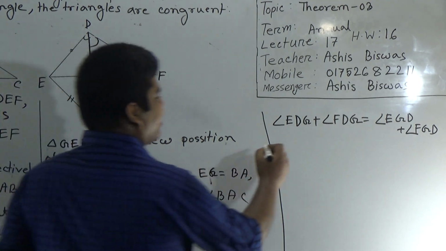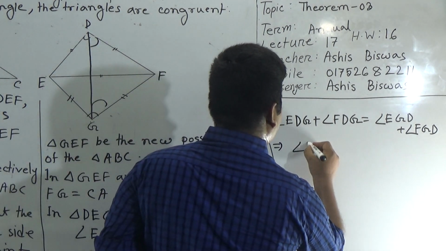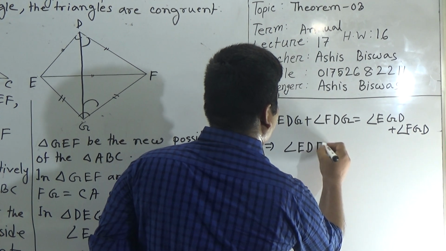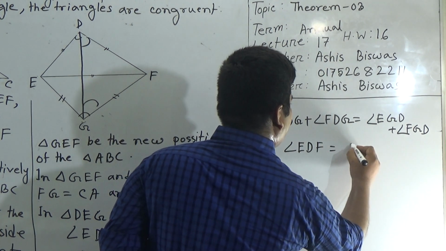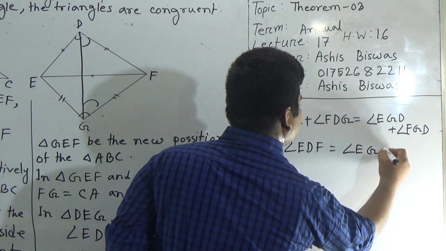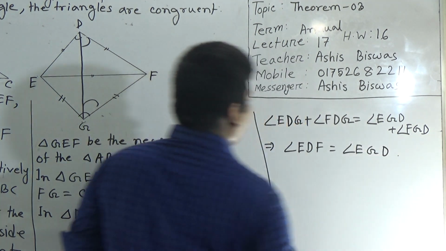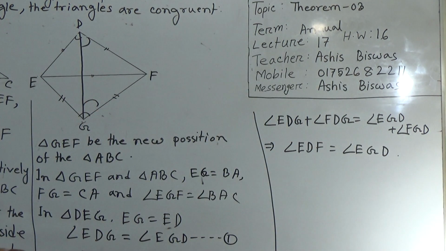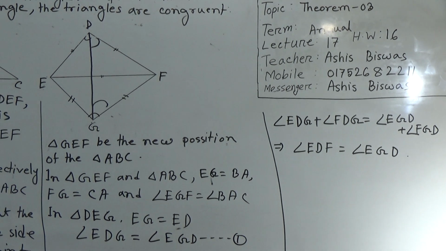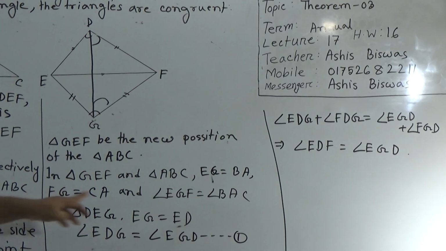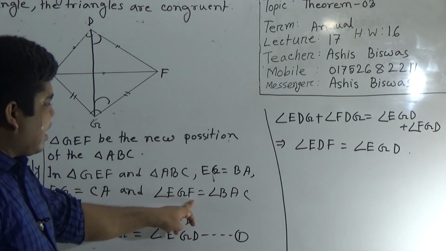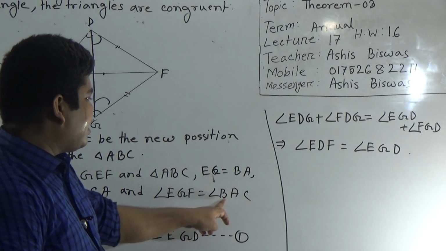Now from this we can write angle EDF, and from this we can write angle EGF. But my dear students, we notice here angle EGF equal to BAC.